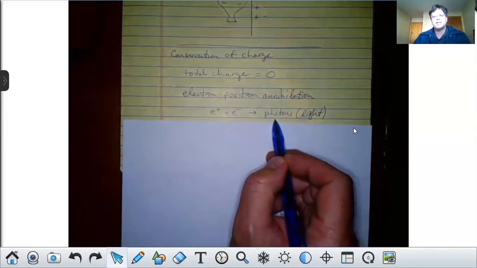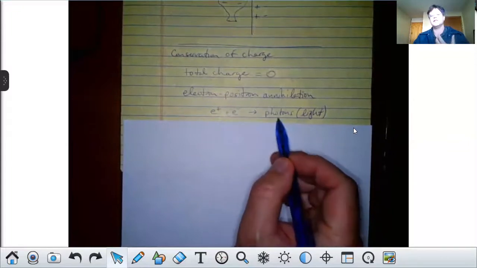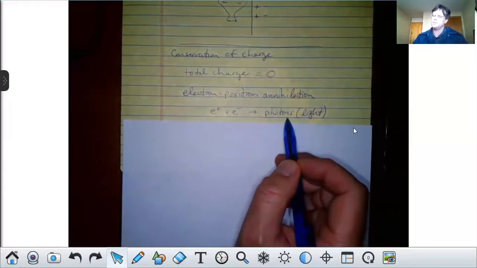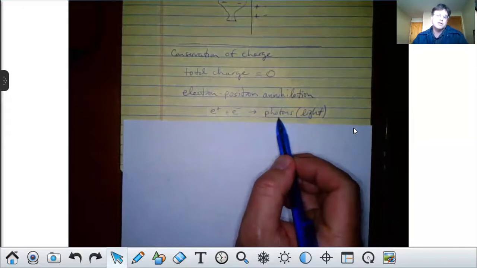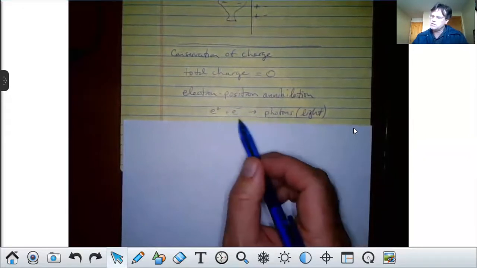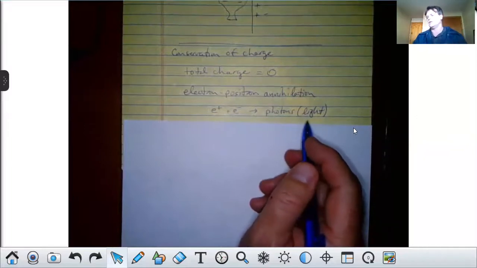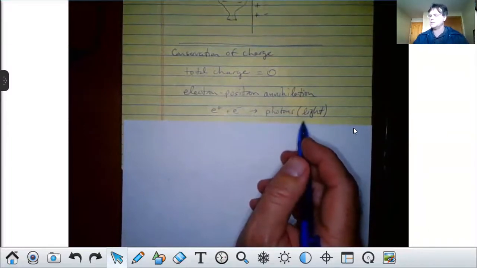If you've ever heard of a PET scan, positron emission tomography, this is the process that goes on inside your brain, for example, that emits the light that is detected by the PET scanner. But since photons don't have any charge, this is an example of conservation of charge. The total amount of charge in the universe is zero.